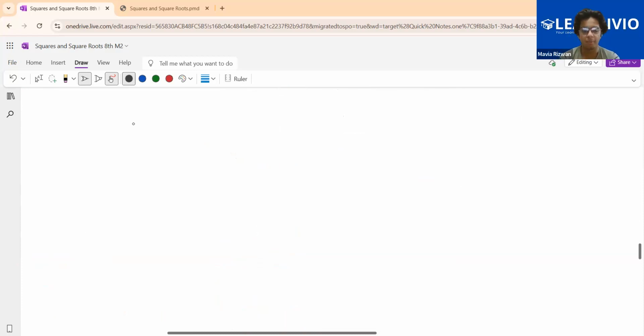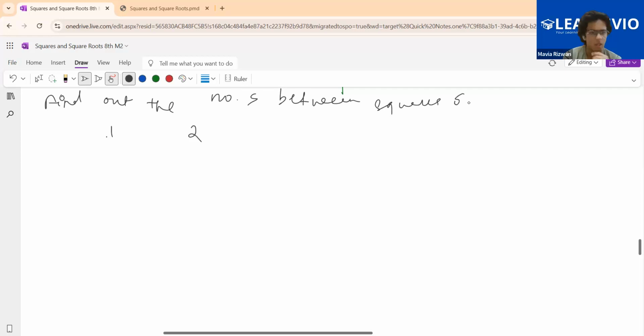But see, suppose I have the numbers 1 and 2. 1 square is 1. Suppose the question is: find the numbers between the squares of 1 and 2.